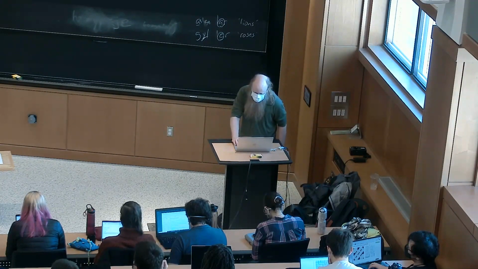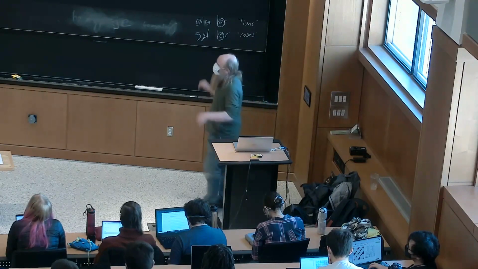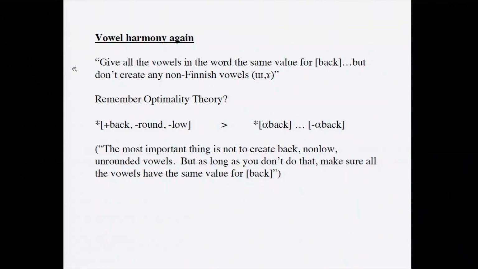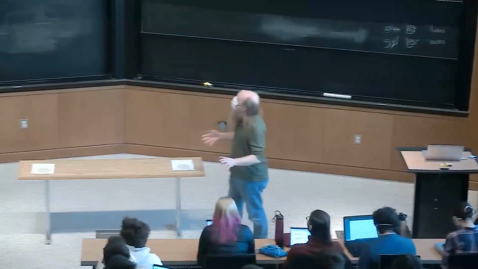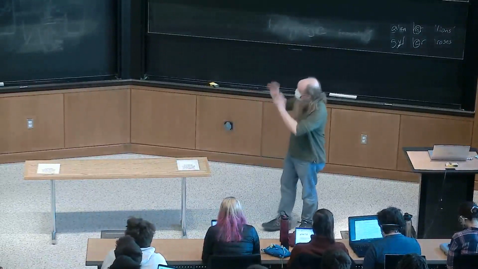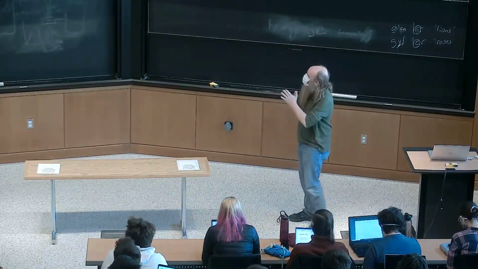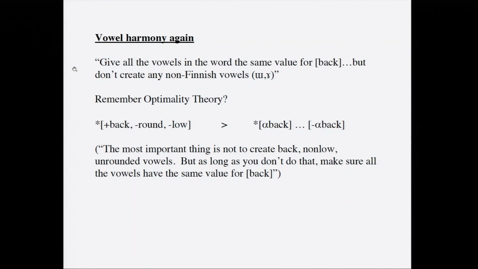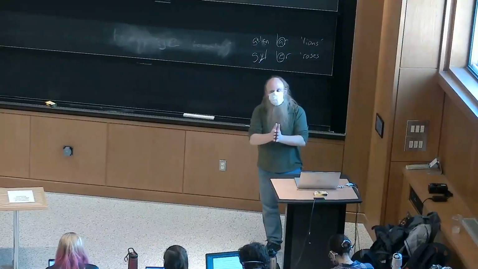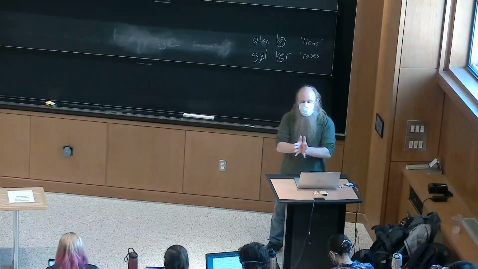If we want to talk about this in terms of optimality theory, the most important thing is don't create back non-low unrounded vowels. Finnish doesn't have those vowels. Don't do that. That's the most important priority, the highest ranking constraint. But as long as you don't do that, make sure all the vowels have the same value for back. They're all either back or front. That's one way to talk about what's going on in Finnish.